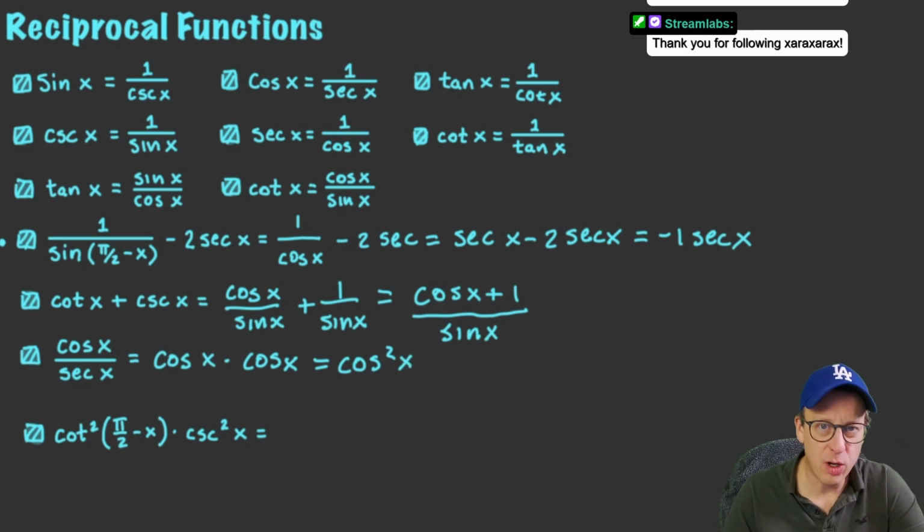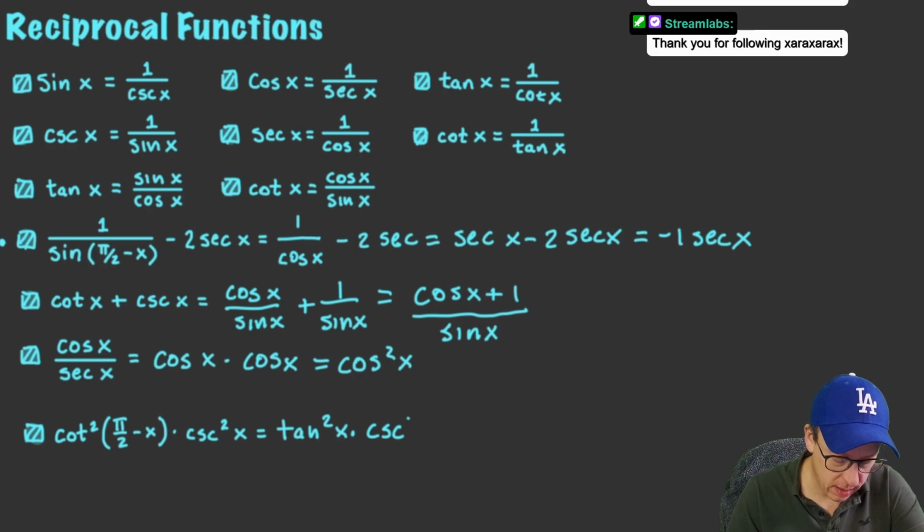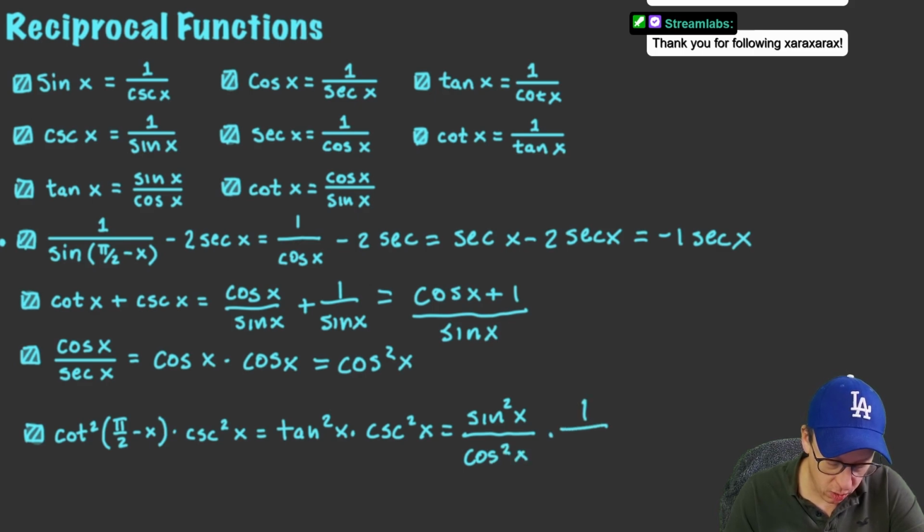And then something a little bit more complicated here at the end. We can convert this complex thing into tangent squared x times the cosecant squared x, which is the sine x squared divided by the cosine squared x times 1 over the sine squared x. And guess what? That simplifies down to just quite simply 1 divided by cosine squared x.